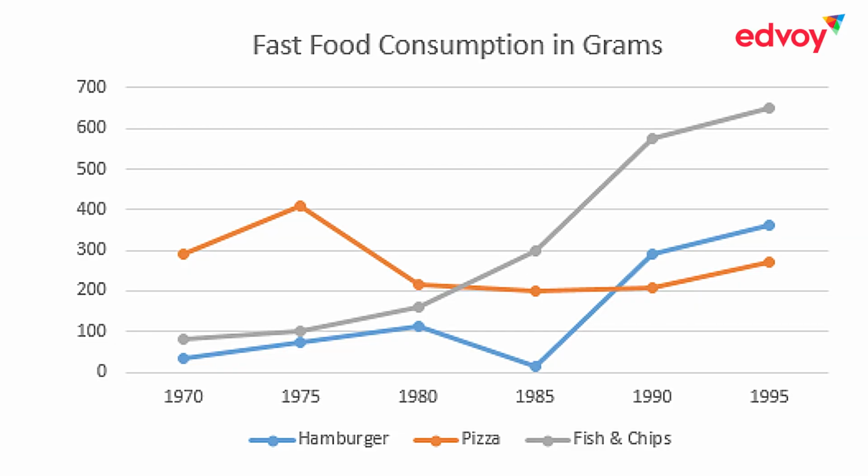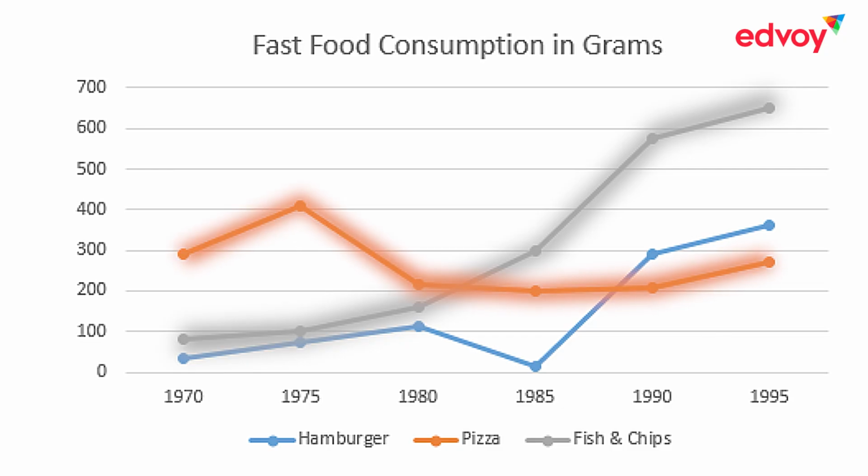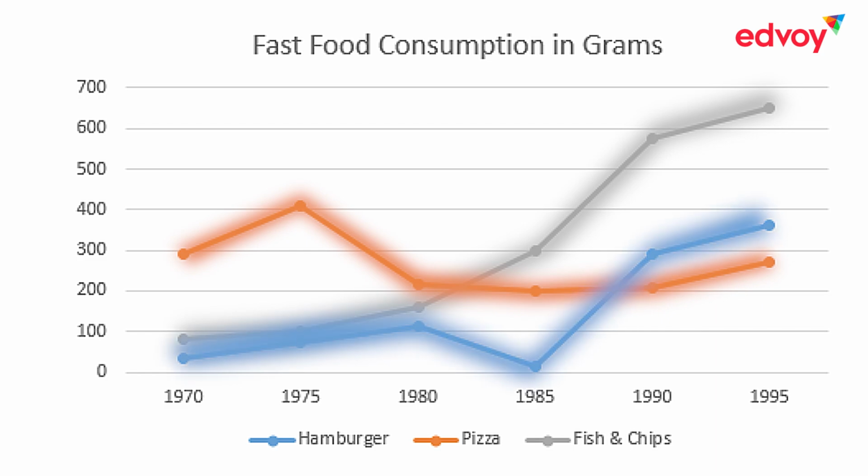Any sharp increases? Has anything changed position? Well, in this graph, you could mention that the consumption of fish and chips has consistently risen. That in 1970, pizza was the most consumed fast food, but by 1995 it was the least. And despite a dip in 1985, hamburgers have had a steady increase.